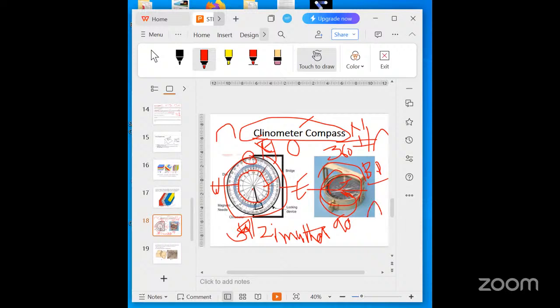In order to measure the direction of the dip, place the bridge along the line drawn on the bedding plane so that the dial face is towards the sky.